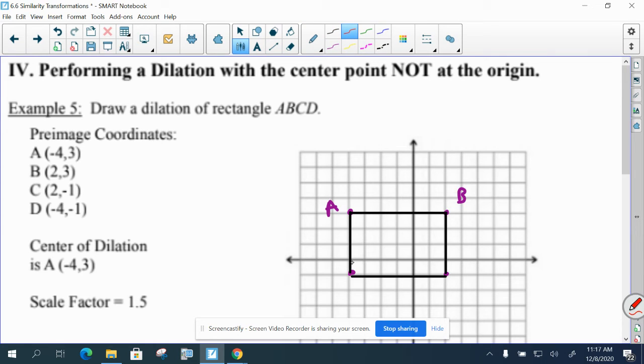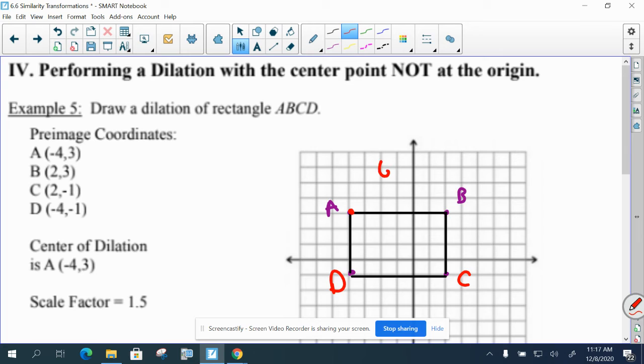So 1, 2, 3, 4. 1, 2, 3. And then your scale factor is 1.5. So each point is going to be 1.5 times further away, since this is an enlargement. So let's figure out how far away this would be, C and D. AB is 1, 2, 3, 4, 5, 6.